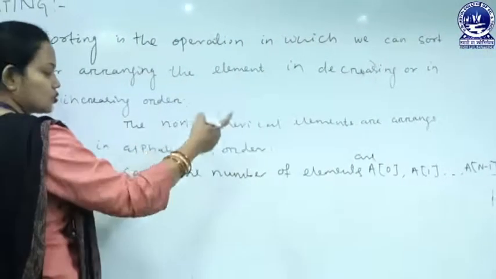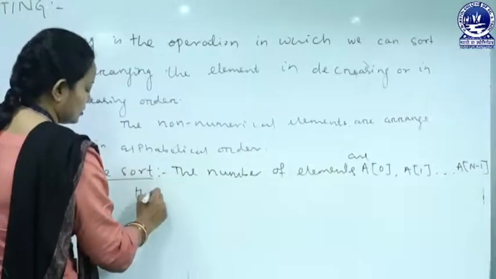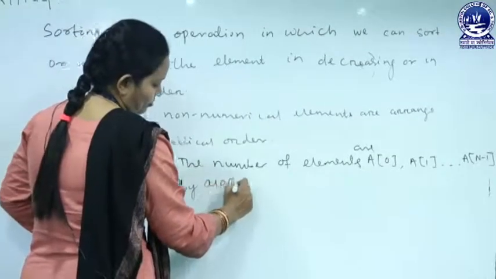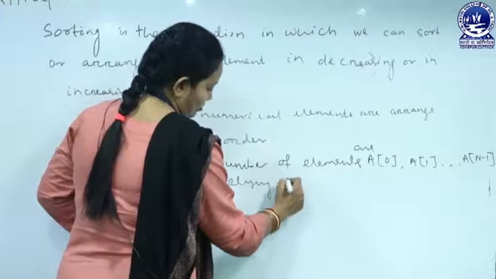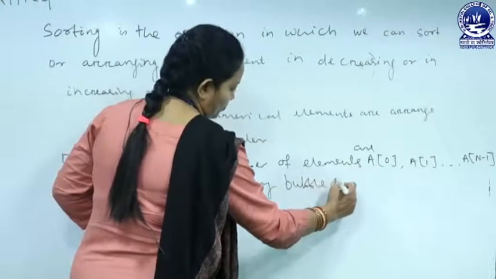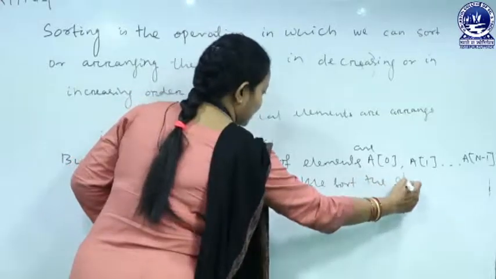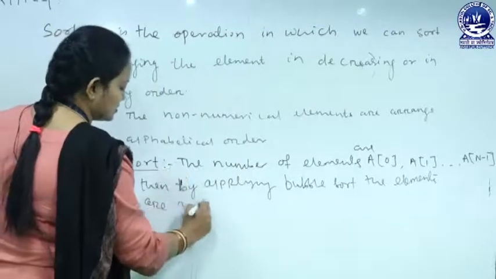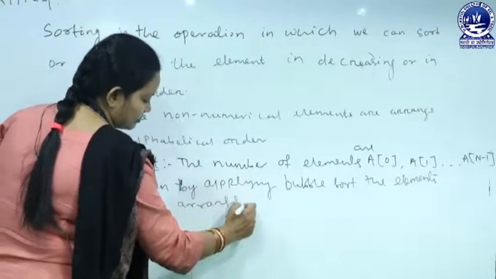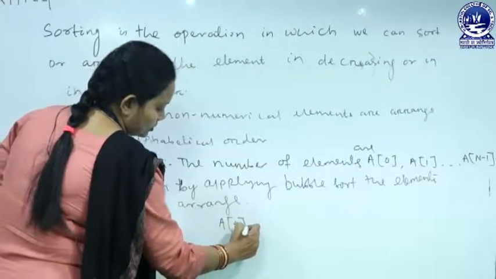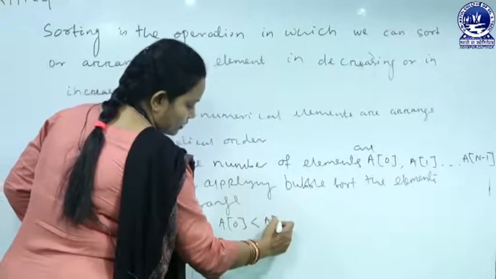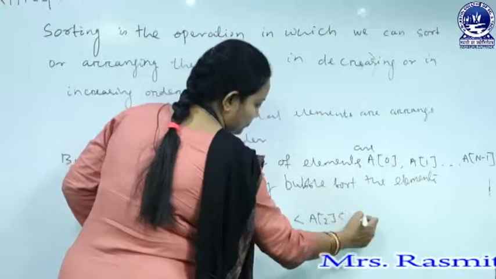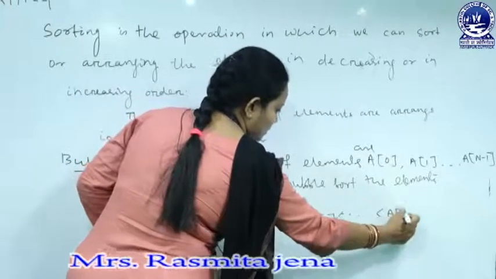Then by applying bubble sort, the elements are arranged like a of 0 must be less than a of 1, which will be less than a of 2, which will be less than a of n minus 1.